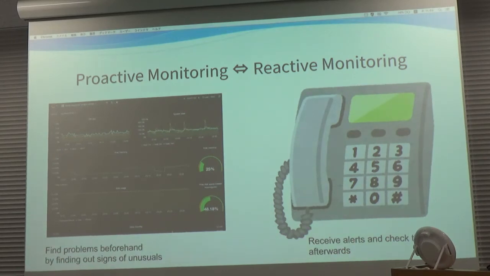On the other hand, reactive monitoring is to be called by a phone or poked by Slack or something, and check what's happening after something happens. So these are quite different types of monitoring.